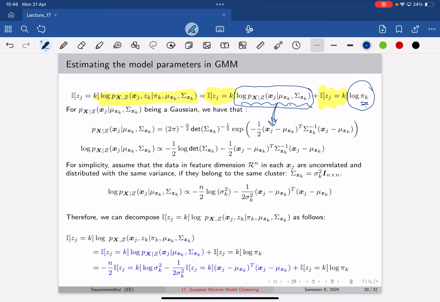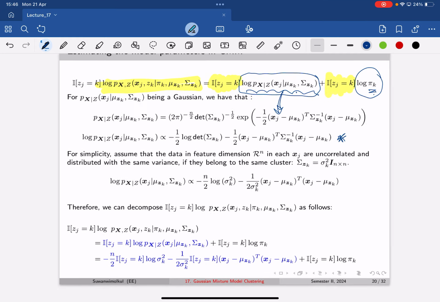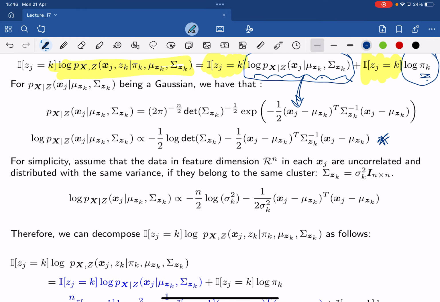When we decompose the probability of x given z, we can use the Gaussian formulation. But if you look at this formula and imagine that you have to estimate this covariance matrix, this is highly difficult, especially with the determinant of a matrix.